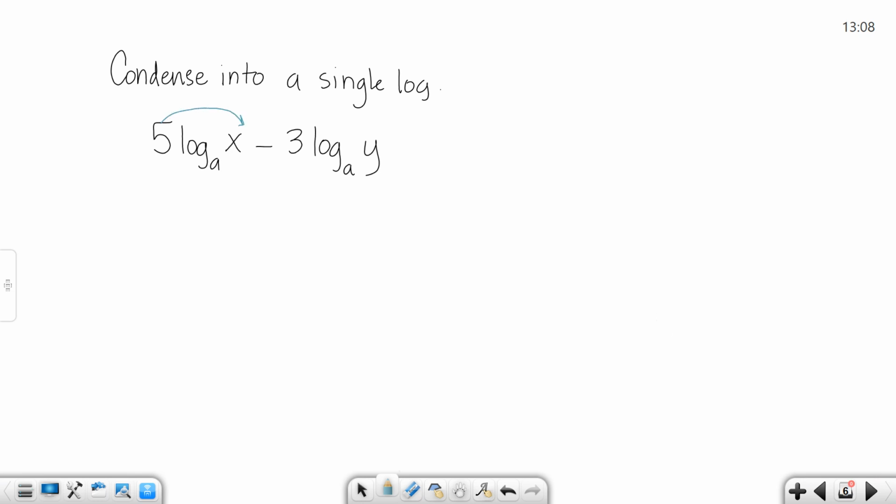So I'm going to put this 5 up here, and I'm going to put this 3 up here. So what that's going to give me is log base A of x to the 5th minus log base A of y to the 3rd. Put your powers up first. Make sure you see that the A is by the g's tail.